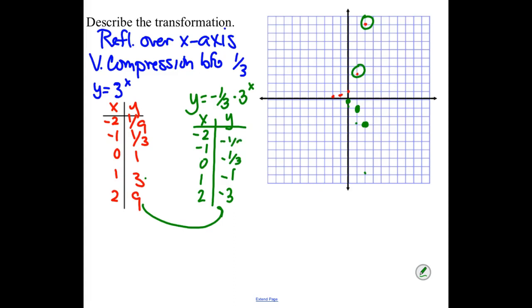So I'm at -1/9. What's my last one going to be? 1/9 times -1/3 is -1/27. All right. So it's still leveling off, but this time it's leveling off right underneath the x-axis. Okay?